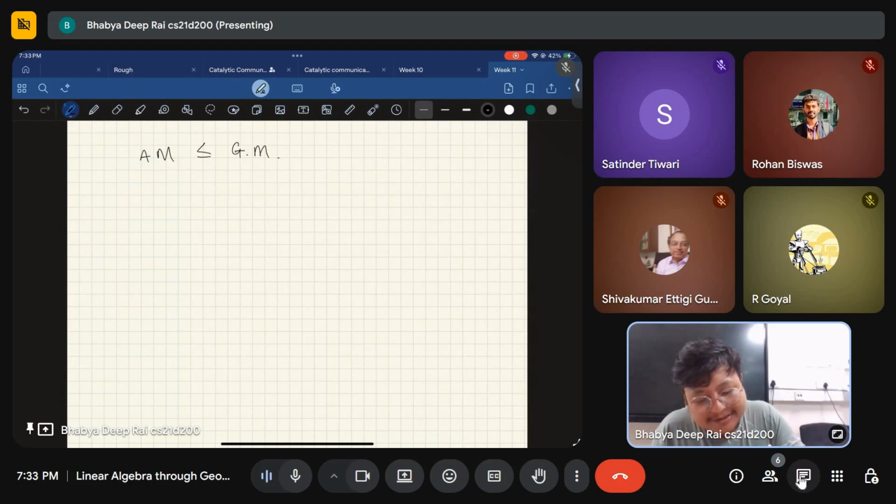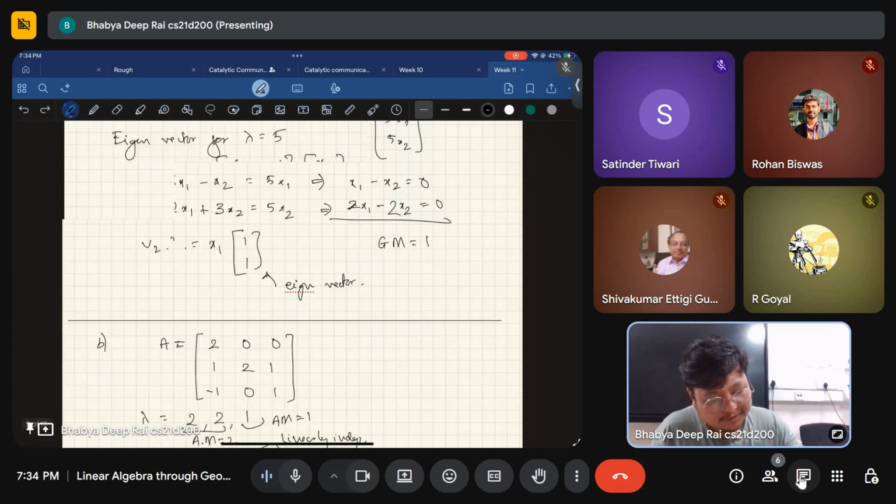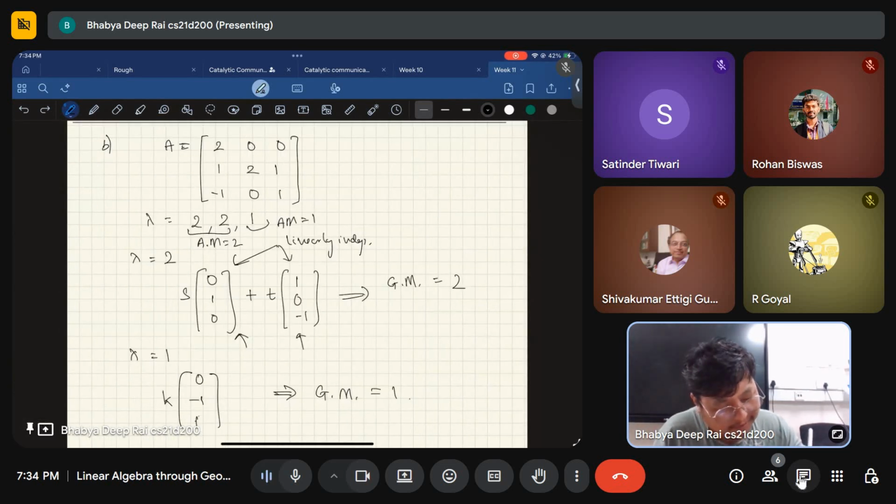Why? Because algebraic multiplicity cannot be more than the degree of the characteristic equation. If the characteristic equation has degree 3, it will have 3 roots, some of which may be repeated. The sum of the algebraic multiplicities is always equal to n. And furthermore, what do you have here?